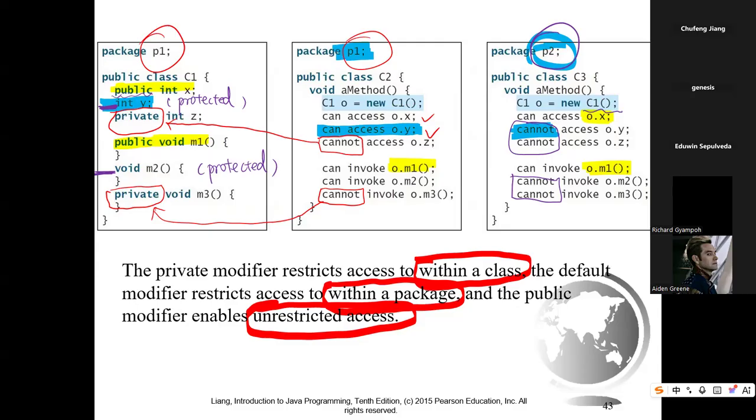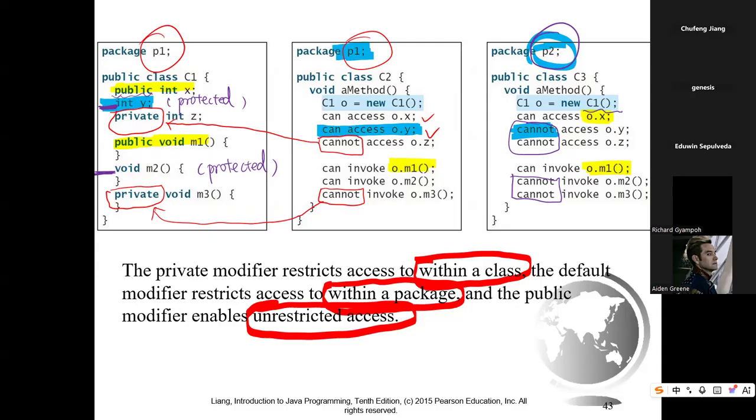For the protected variable y and the protected method M2, since they are in the same package, C2 can access the data y and the method M2. No problem. However, for the private data z and the private method M3, although they are in the same package, C2 still cannot access them, because for C1 the variable z and the method M3 are private. That means they have been sealed within the box.